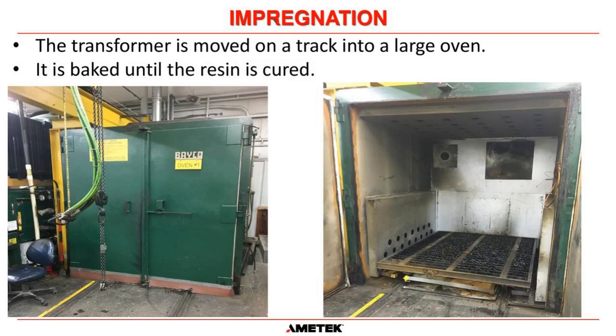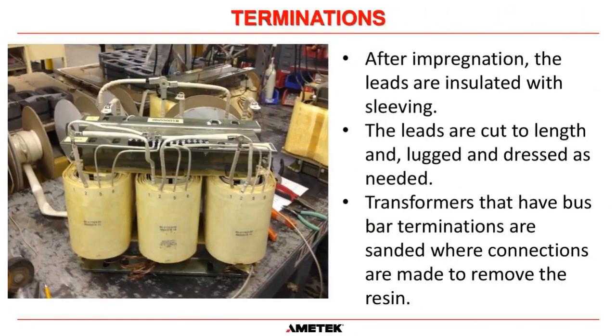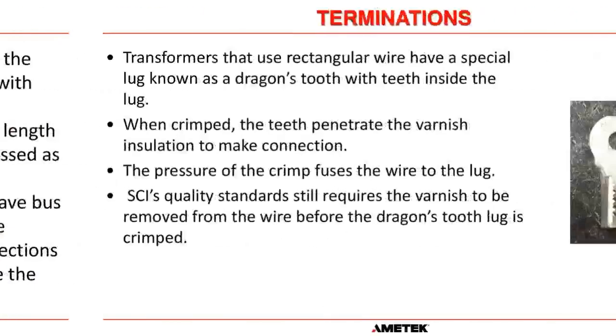Once we take it out of the oven, then it goes to a department that dresses the leads and lugs the leads as needed. If we have bus bars rather than leads like this coming out, they have a little belt sander they use to sand the resin off of the leads to make connections.